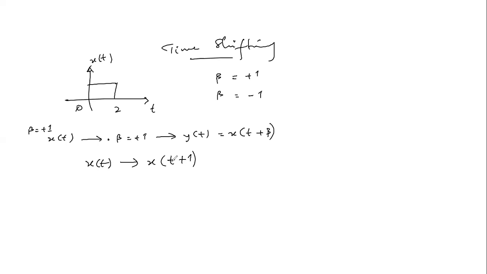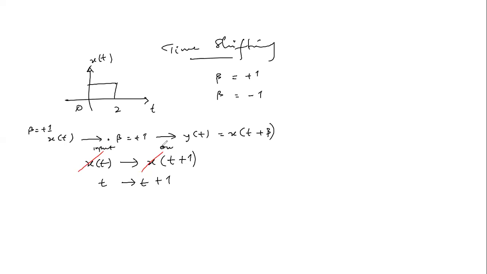So let us knock off, what we're interested in is our time axis. So let us knock off x. So what do we have? T is going to give us t plus 1, right? So this is our input.